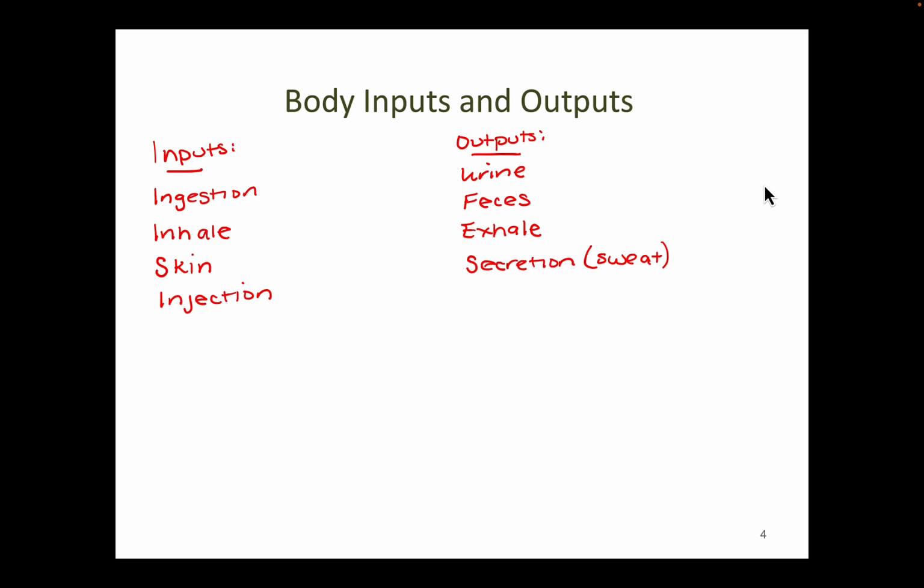And we also lose material in some sloughed off cells, particularly our skin cells that turn over quite frequently. So at its simplest, the balance concept suggests that what we put into our body needs to equal what we take out.